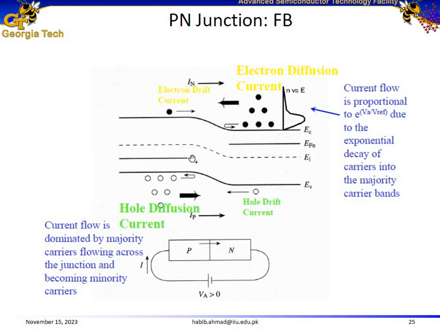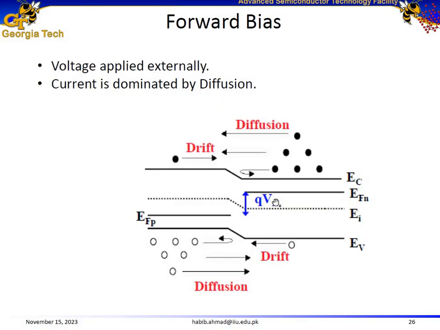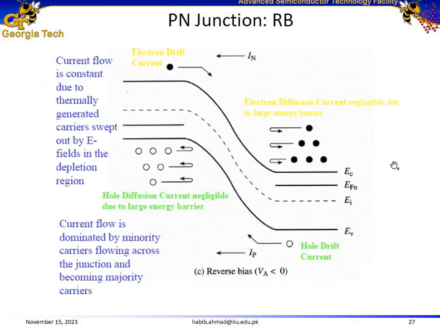Now the Fermi level on the p side is lower compared to the Fermi level on the n side, resulting in a decrease of this barrier. So now electrons can easily flow from the n-type layer to the p-type layer, and similarly holes can easily flow from the p-type layer to the n-type layer. So this was under forward bias.